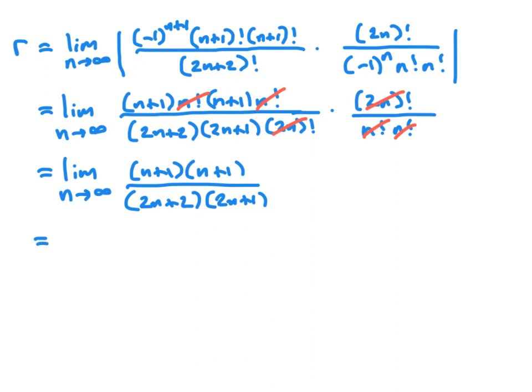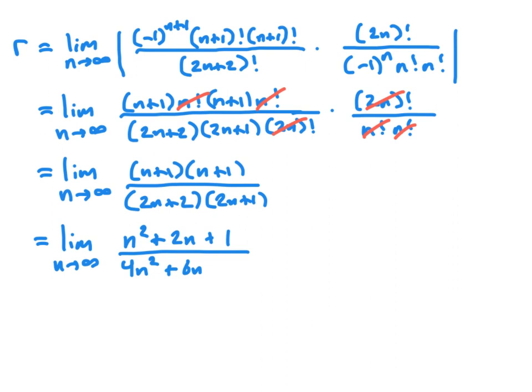And if we wanted to, we could go ahead and work all of this out. So this will be n squared plus 2n plus 1 in our numerator. We'll get 4n squared plus 6n plus 2 in our denominator. Since we have the largest power of n being n squared in the denominator, we can multiply this by 1 over n squared divided by 1 over n squared.